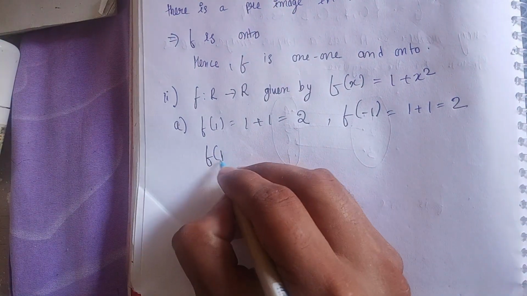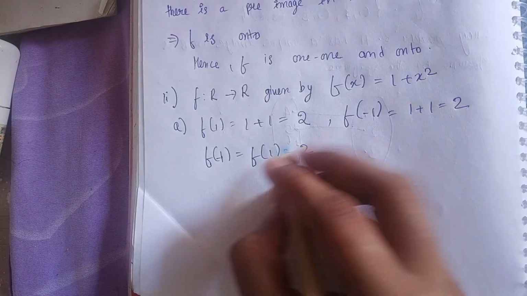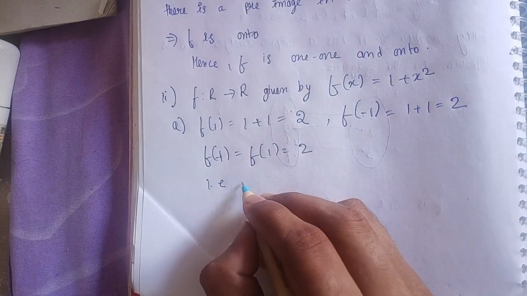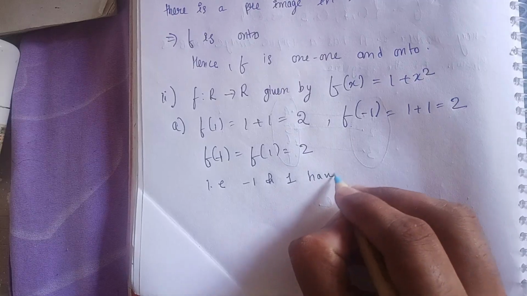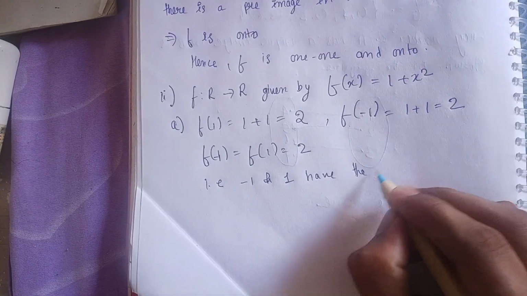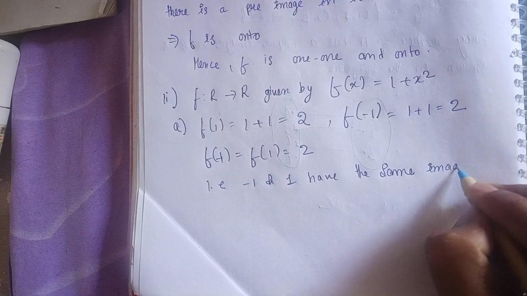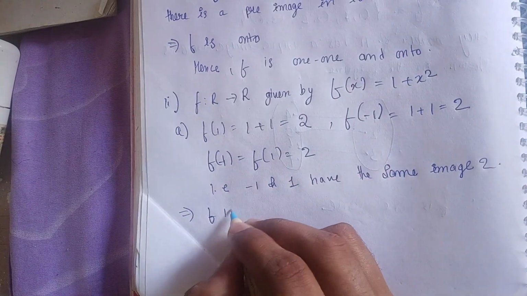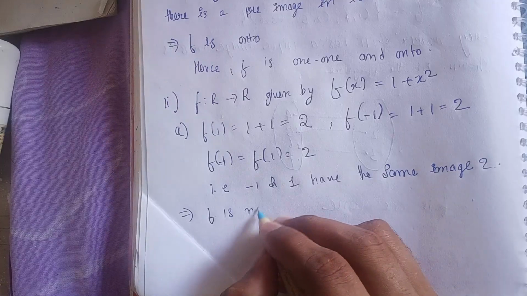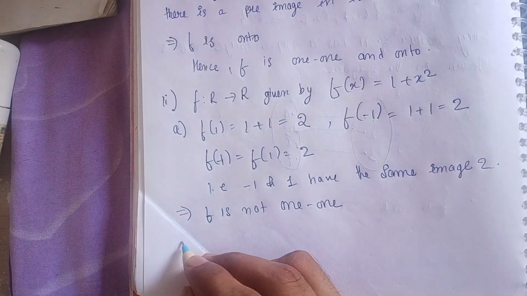Hence, f(minus 1) is equal to f(1), which is 2. That is, minus 1 and 1 have the same image 2. Therefore, f is not one-one.